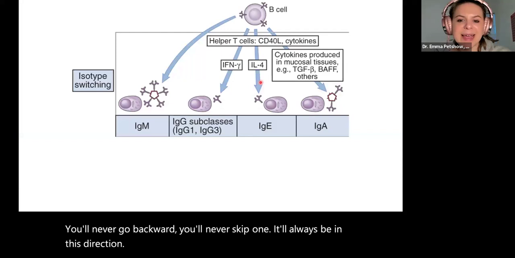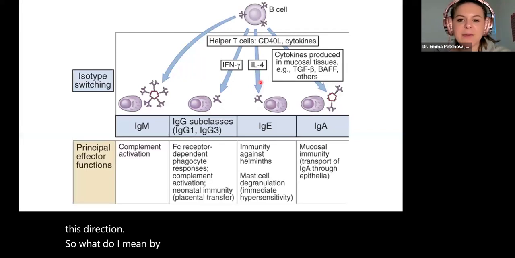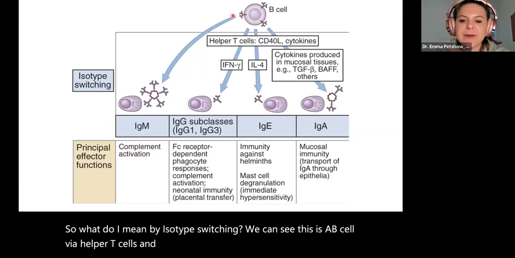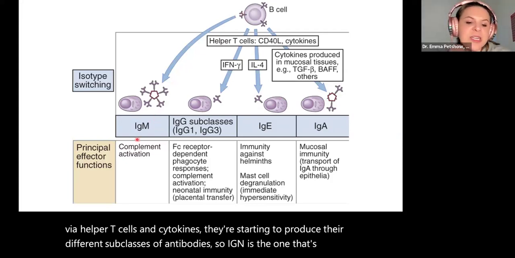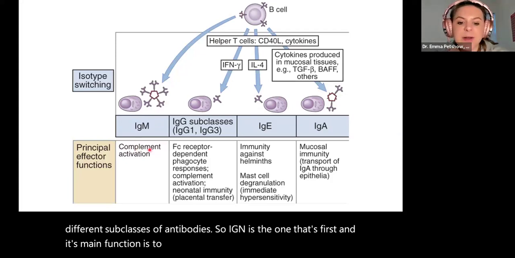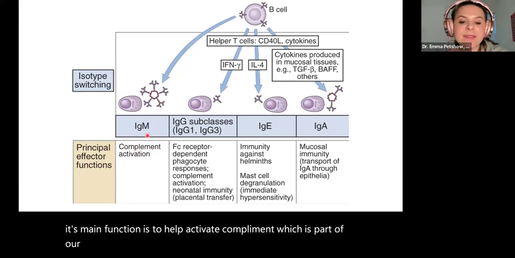So what do I mean by isotype switching? We can see this is a B cell via helper T cells and cytokines. They are starting to produce their different subclasses of antibodies. IgM is the first, and its main function is to help activate complement, which is part of our innate immune system.